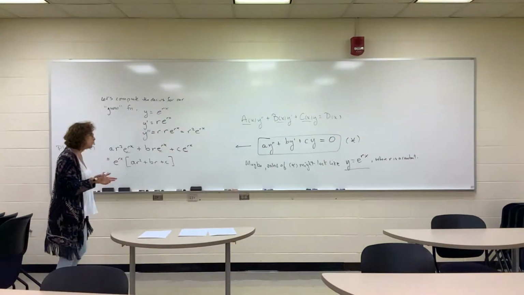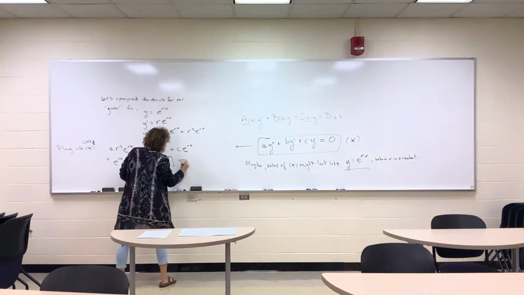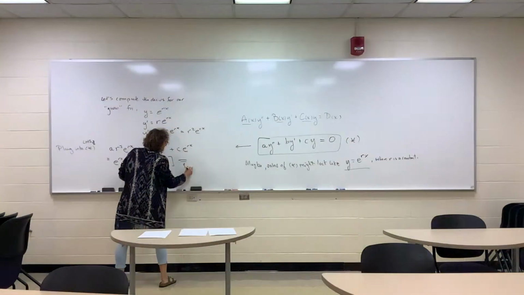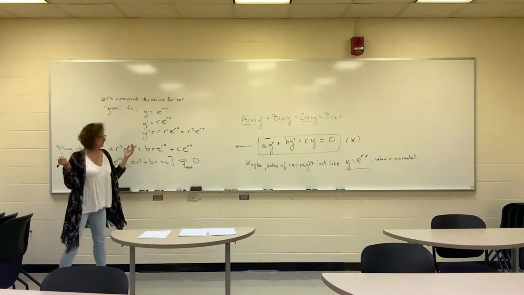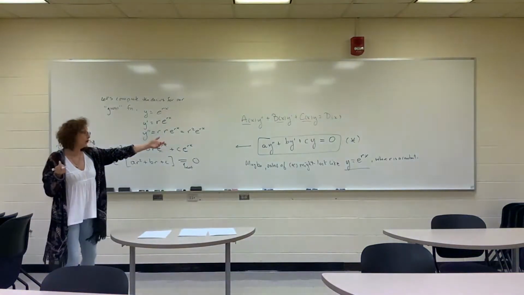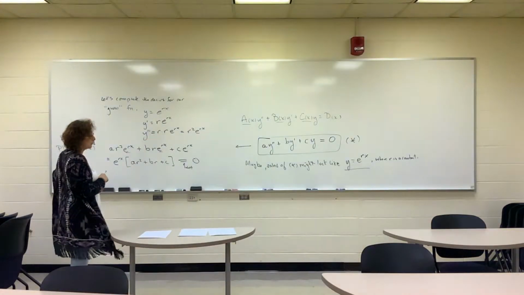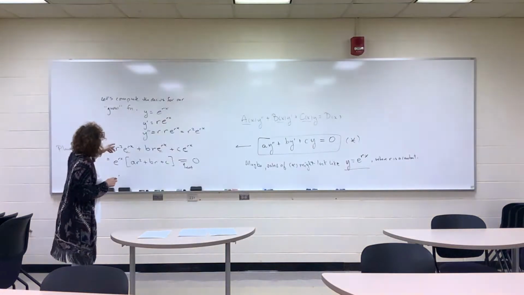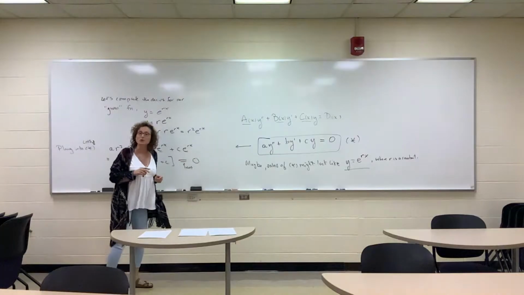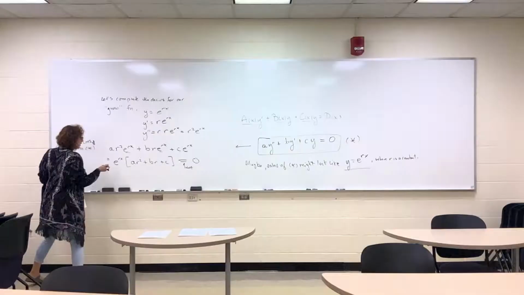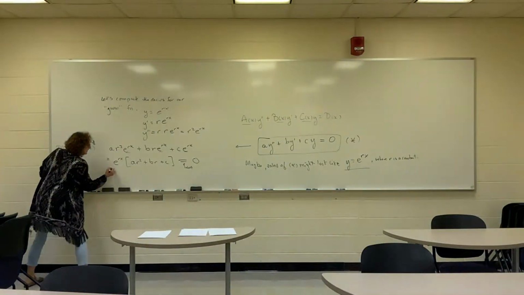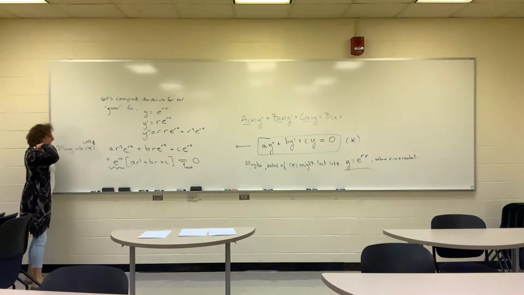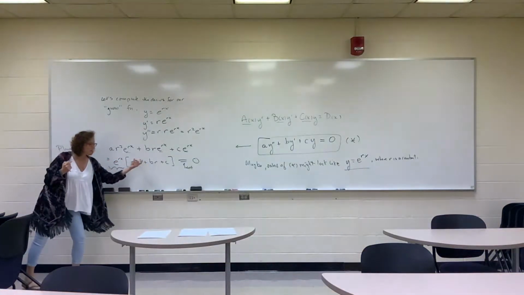So what do we want to be true? We want this to equal 0, because that would satisfy the differential equation, and that would make this guy a solution of the differential equation. Alrighty, well, tell me about e to the rx. I've got a product of two things here.